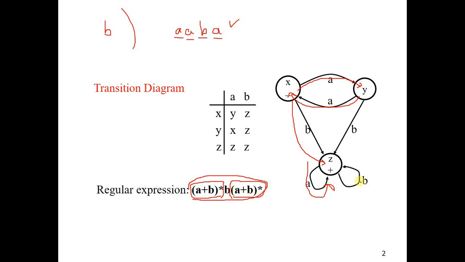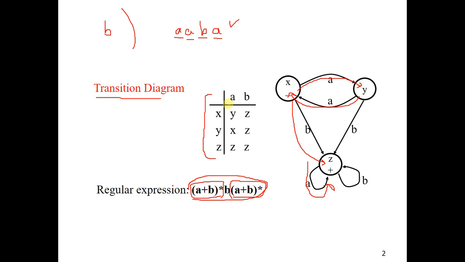And for the FA or finite automata, you can draw a transition table as well. To draw the transition table, in the first column you list down all the states that you have in this automata. Here we have 3 states, X, Y, and Z. And in the first row, you have all the possible letters that you have in that language.